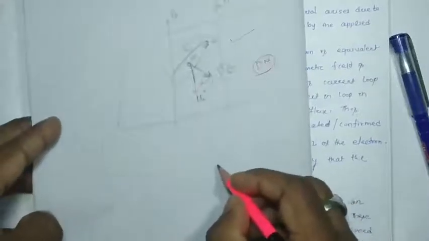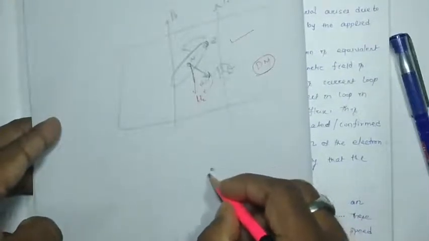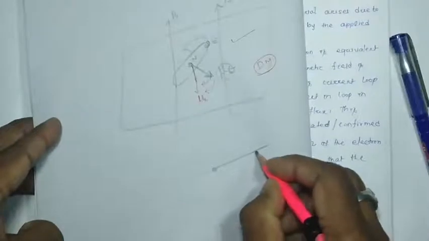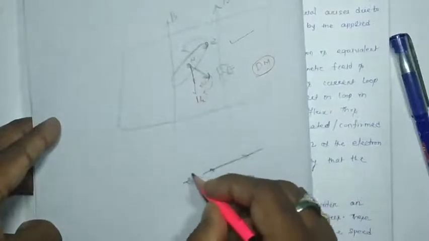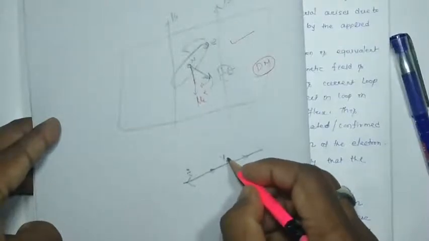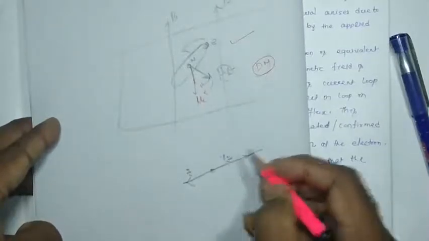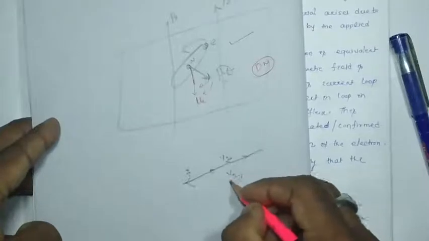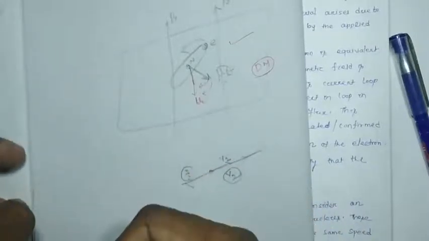The current of the loop will be changed by changing the velocity. Suppose this is the electron, one electron moving this way. The current will be in this direction. If the velocity is changed, initially it was v1, suppose it changes to v2, then obviously the current is going to be changed, right?